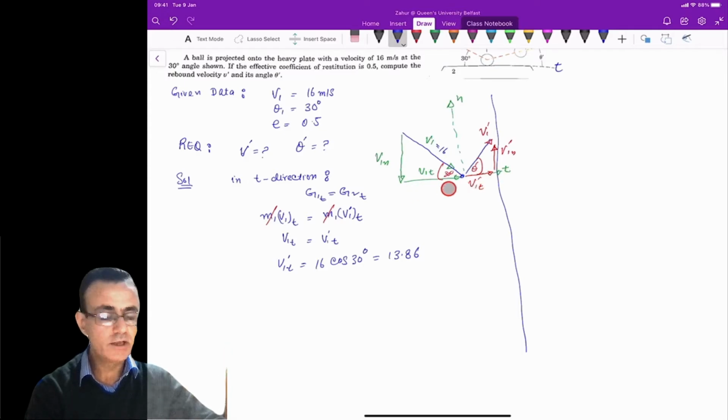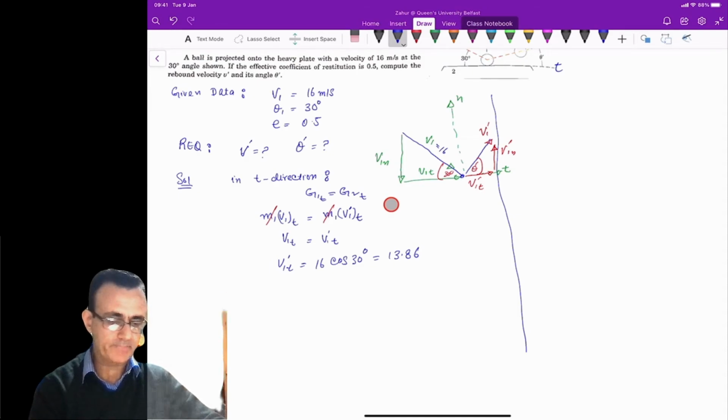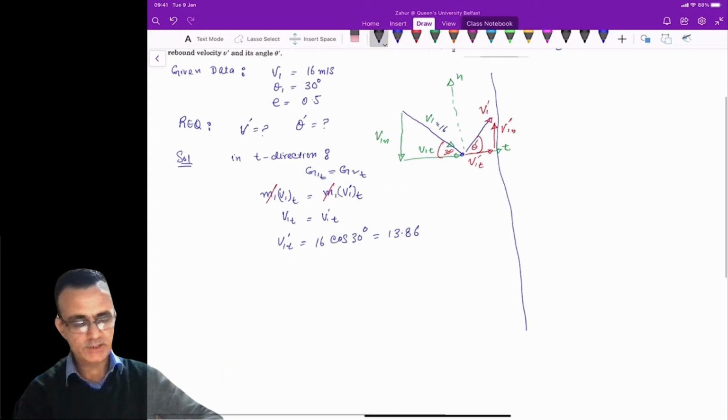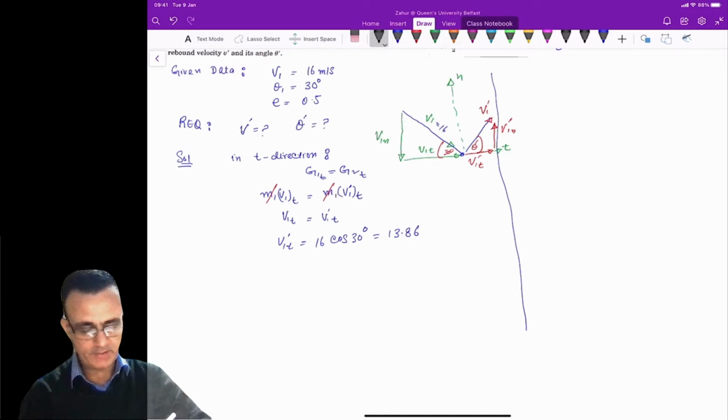It is very important to realize that in this case one body is the ball and the other is a heavy plate, which you can say has infinite mass. Therefore, we cannot apply the law of conservation of momentum to the system here, so we will use the coefficient of restitution equation.